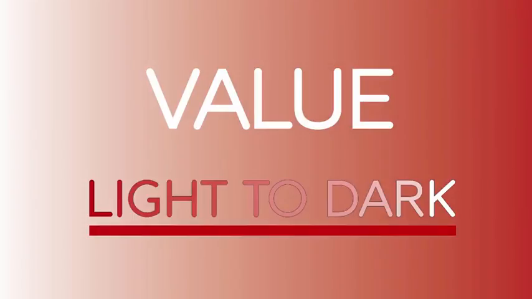So here we can see a range of values of red, for instance, ranging from 100% of the red, the darkest color, to white over here with 0% of the red, the lightest color. And you can obviously take any color and look at it as a range of different values. Take any hue and look at it with the values of 100% to 0%.